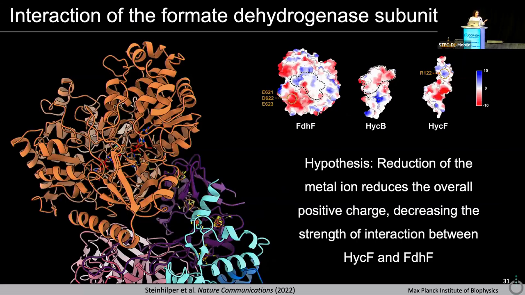This could have a function if we think that the complex is actually supposed to work in the formate oxidizing direction in cells, then we could imagine that this helps to reduce the reverse rate by causing a reduced complex to not associate with the formate dehydrogenase in order to not be able to use those electrons for CO2 reduction.